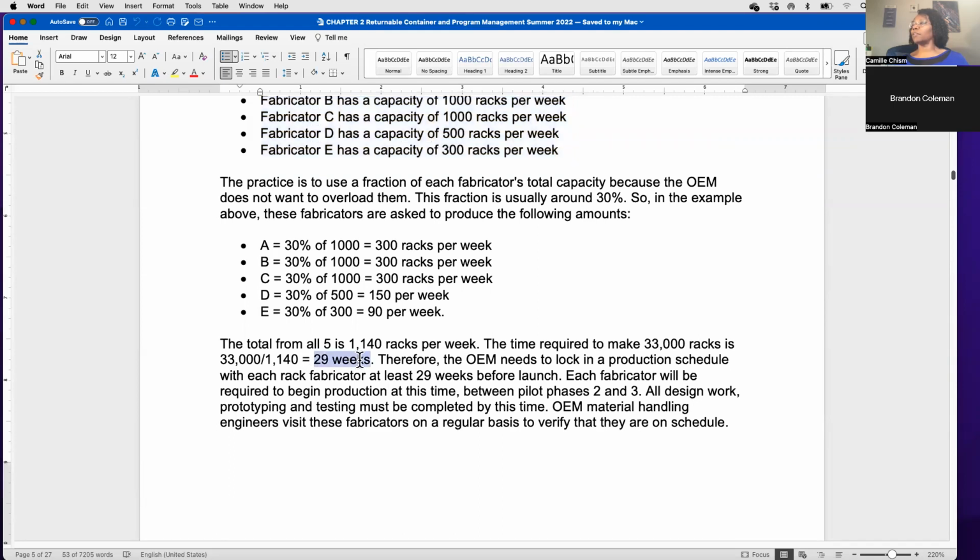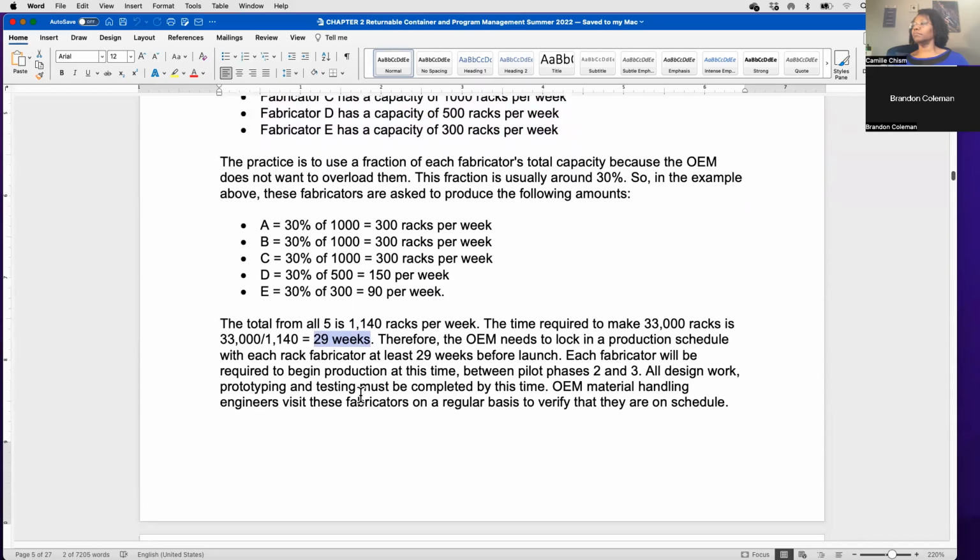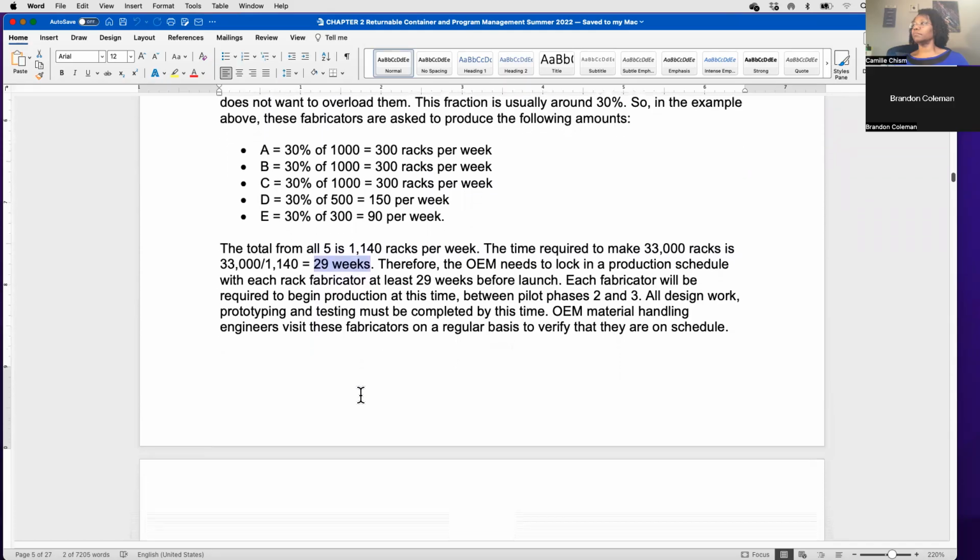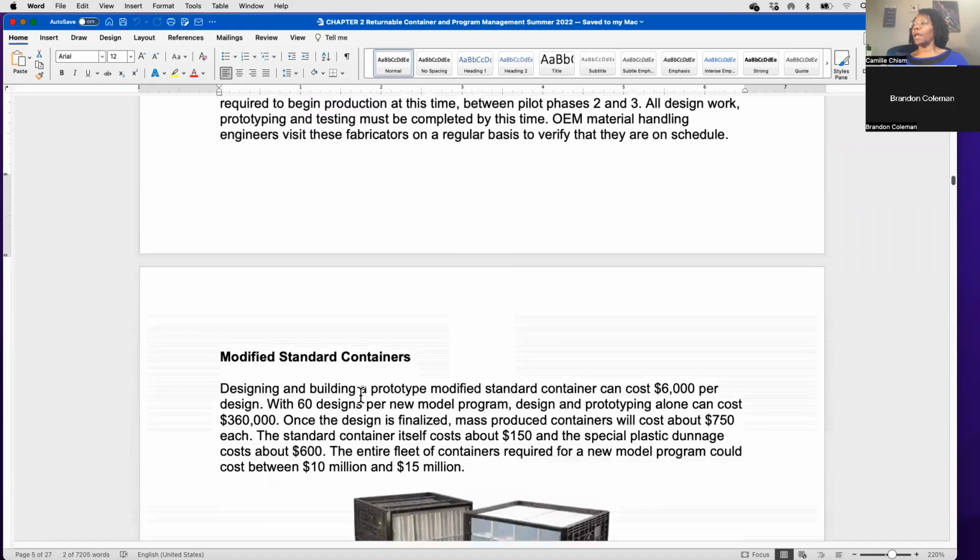So that homework is saying they're shortening it from 29 weeks to 15 weeks. That seems pretty aggressive, but actually that's pretty common within the automotive world, where a last minute change is being made. So just be aware of that.